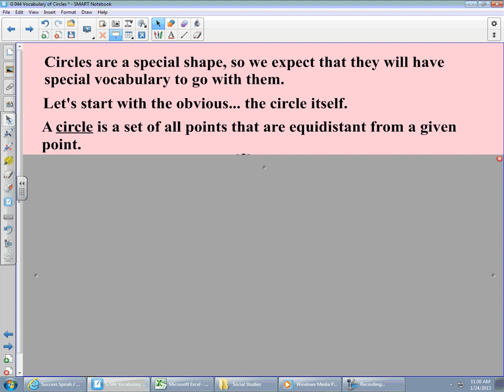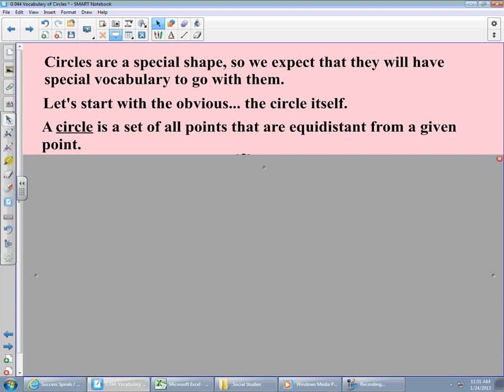Remember way back to the very first day in geometry, we said everything in geometry is built out of three things: points, lines, planes. Well, if a circle is not built out of lines, and it's definitely not built out of planes, it's got to be built out of points.